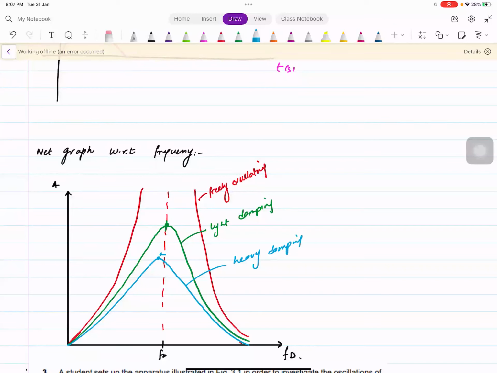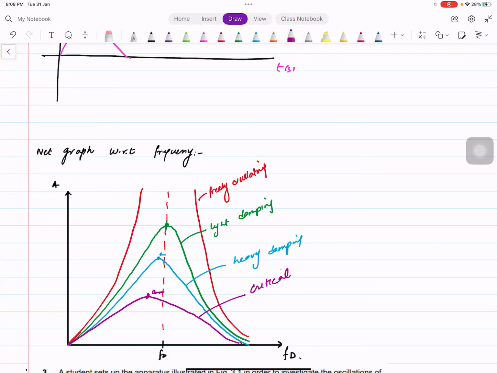And critical damping is the most severe, which causes a larger peak shift, like this. Now you might be wondering why the peak is shifting. The peak shift means that now the natural frequency is sort of changing, right? So we can actually ask why the peak shifts.